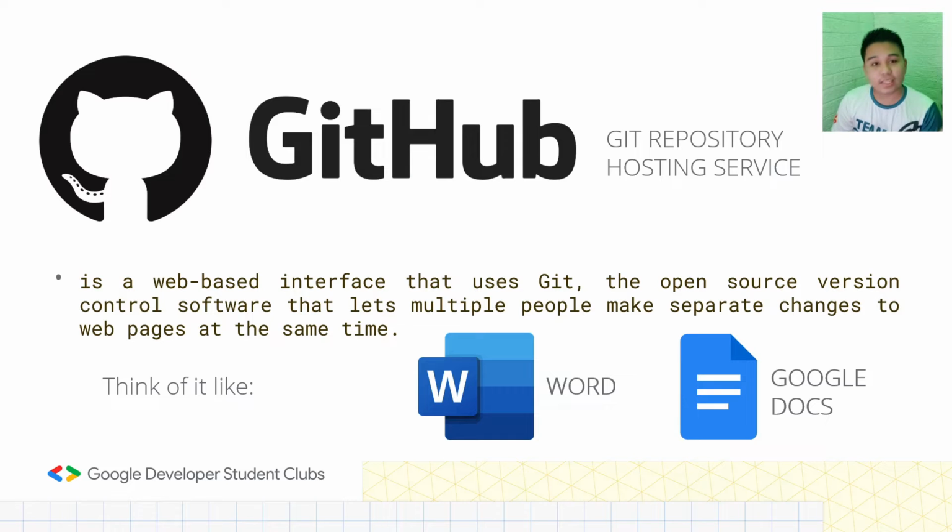On the other hand, GitHub is a Git repository hosting service. It is a web-based interface that uses Git. So GitHub cannot run without Git. Yeah, that's the fact. If you read the definition, you will get confused. But think of it like Word and Google Docs.